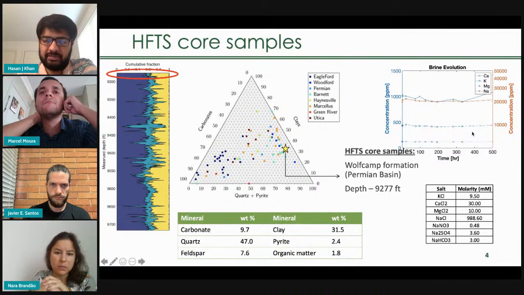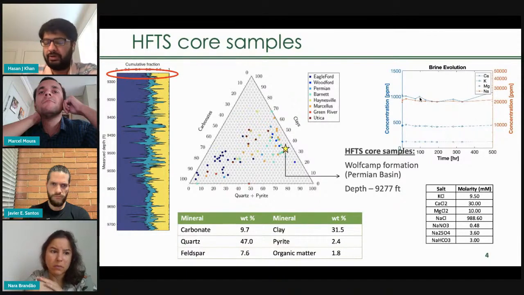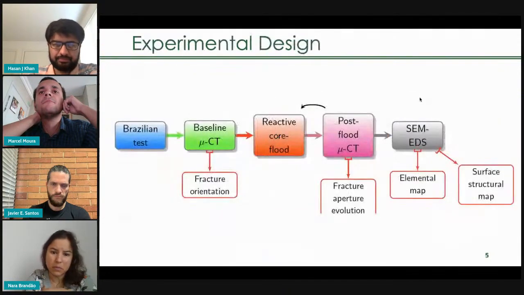We created that recipe and tested it by exposing a piece of shale to that fluid and periodically collecting fluid samples from it. Based on those samples, we analyzed the major cations, and since the major cations are not altering, we can deduce that the fluid is equilibrated. And this is the fluid that we have been using in our experiments.